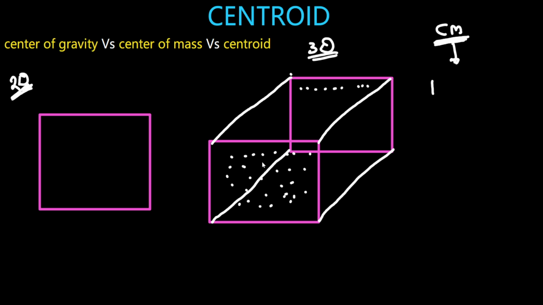We are saying all the mass will be at a single point. In actuality it is at different positions of the object, but we are saying that at a point all the mass will be concentrated. So I'm saying center of mass means mass center.